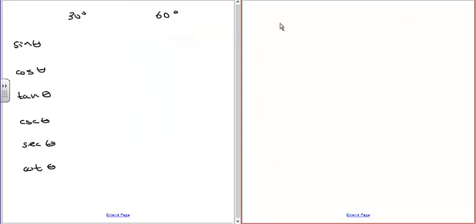I'm going to go over here and write down what we know. Let's draw our 30-60. So you end up, this is a half, this was 1, this is equal to the square root of 3 over 2. This was the right triangle. So the sine of 30 degrees, this is 30 degrees right here.